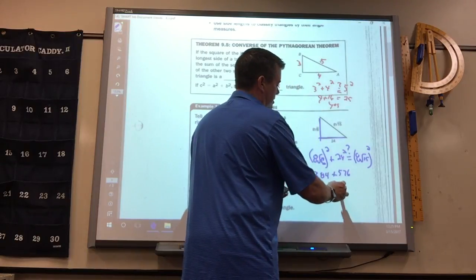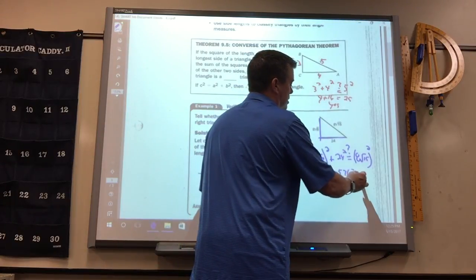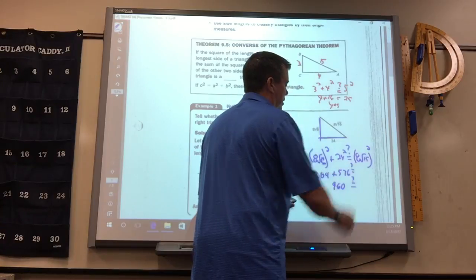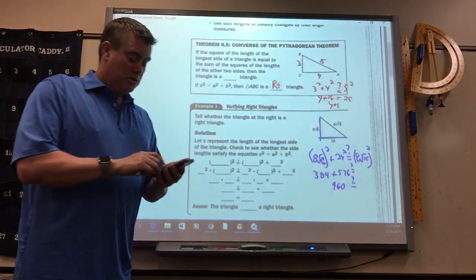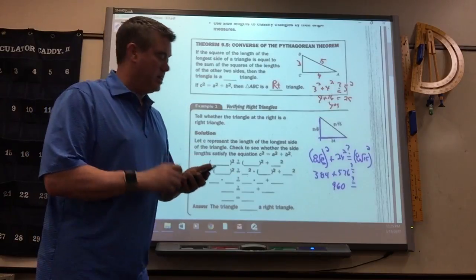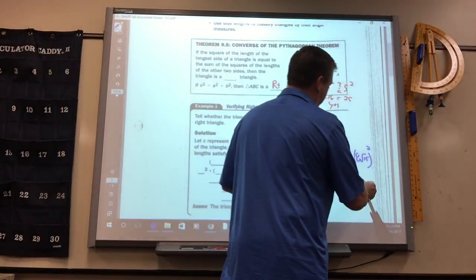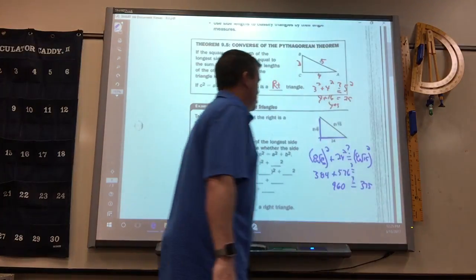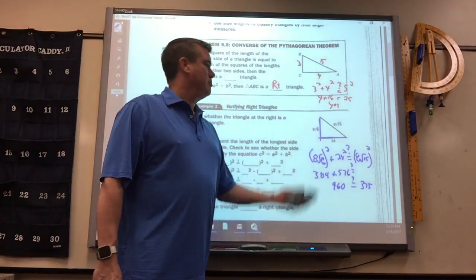That equals 960. So they're wondering, is that going to equal what that is? So 8 times the square root of 15 squared is 375. So does this make a right triangle? No.